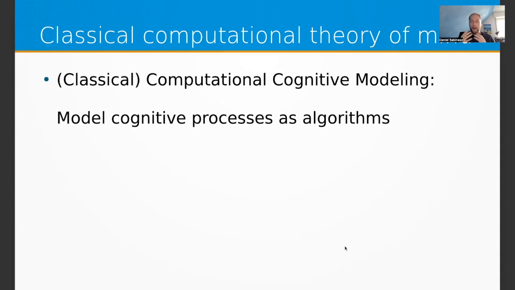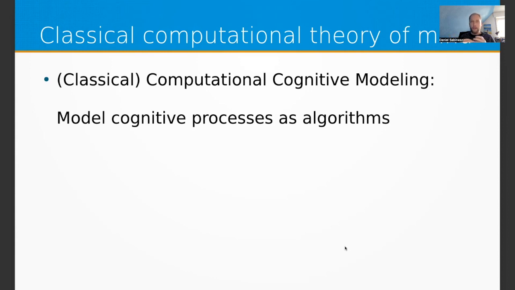So the idea was we want to scientifically study how the mind works, and we want to create models of how the mind solves certain tasks, and make sense of the cognitive processes that can explain human performance at these tasks. And these models were then given as algorithms.